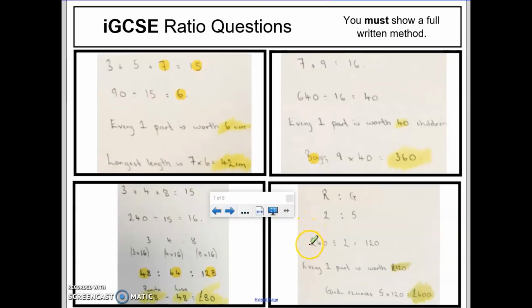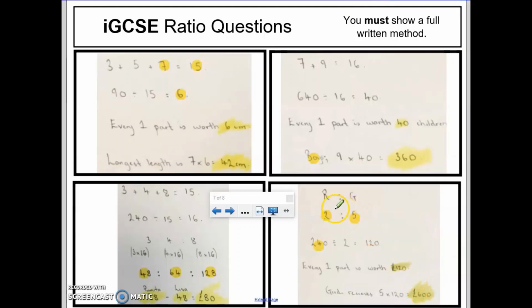So all we do is we do 240 divided by 2, because that's what we knew for Rajesh. That tells us again that every one part is worth 120. So now we want the part of the ratio that is 5 parts, so we go ahead and do a multiplication. 5 times the 120 to receive our final answer of 600.